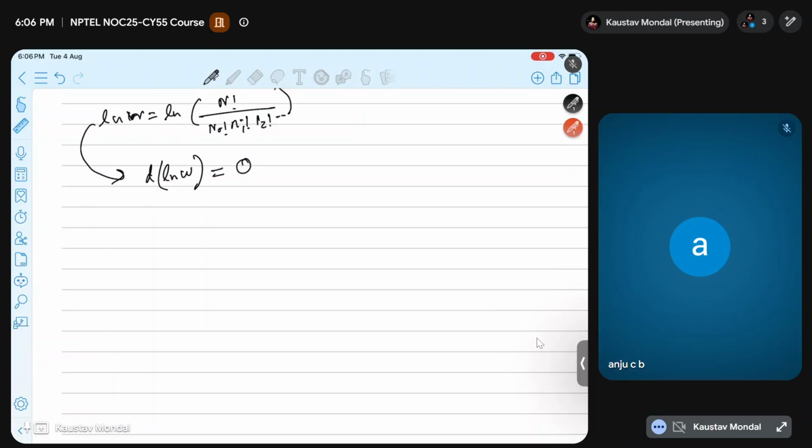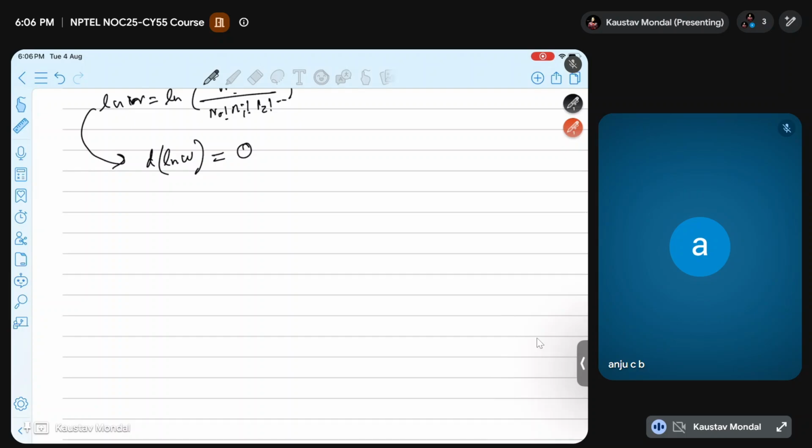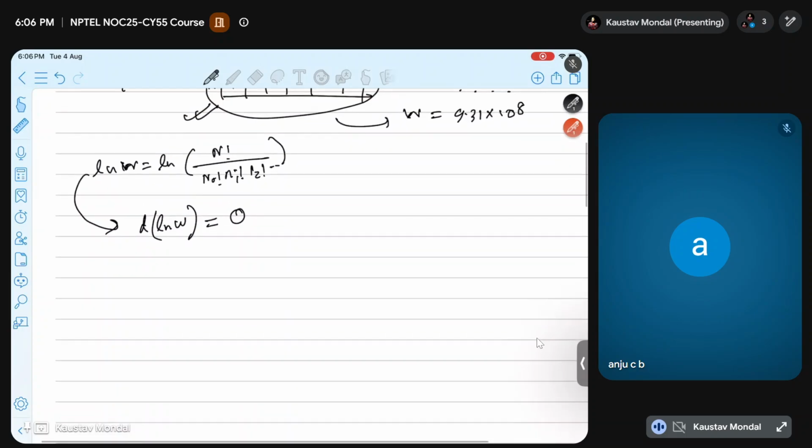This is true here also, and here there are two constraints we have to take. The first constraint is that the total number of particles is conserved, so the summation over Ni is constant. Also the energy is constant: if the E1 energy level has N1 particles, the E2 energy level has N2 particles, and so on, then the sum of Ni times Ei is the total energy E, which is also constant.